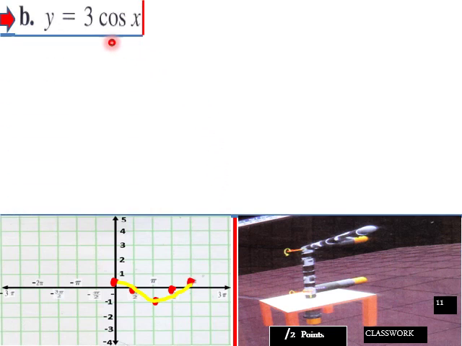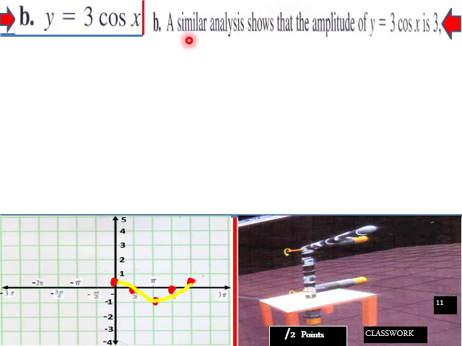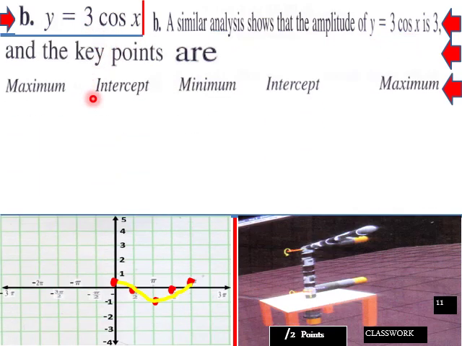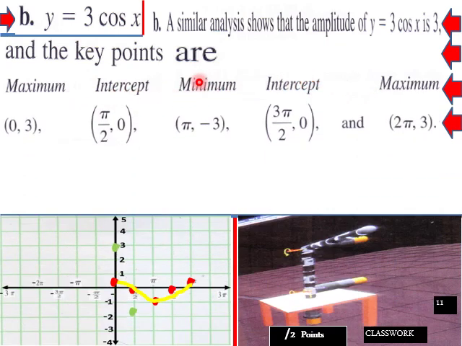On the same axes, we're going to plot y equals 3 cosine x. A similar analysis shows that the amplitude of y equals 3 cosine x is 3. The key points are max, intercept, min, intercept, max. When we hash that out, we get something like this. This will be your plot, because now you have an amplitude of 3.